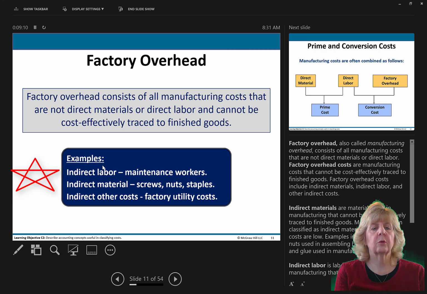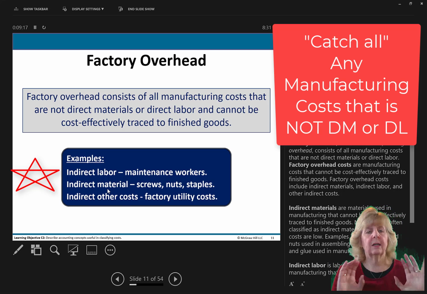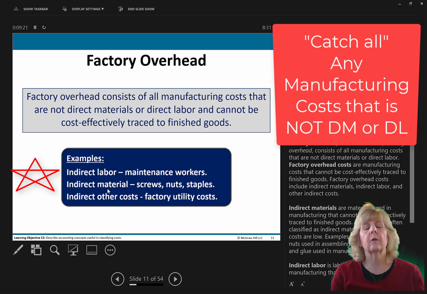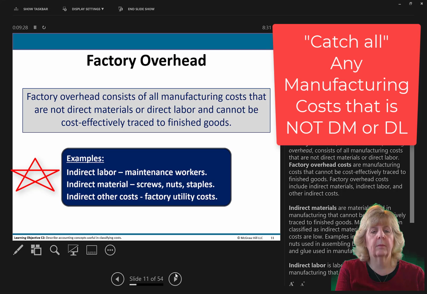Things like indirect labor, indirect material, indirect other costs. In a nutshell, it's any factory costs, anything related to the factory or the manufacturing process that's not direct materials and it's not direct labor.